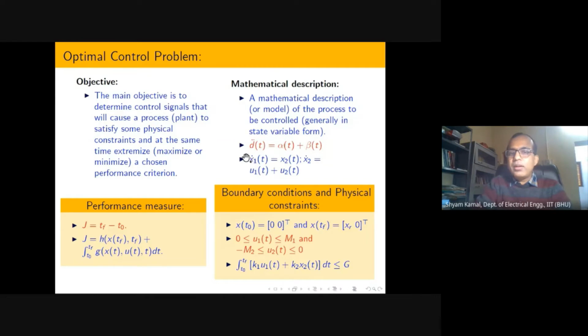In this problem, d double dot(t) equals alpha(t) plus beta(t). I take two state variables x1 and x2: x1 is d(t), and x2 is d dot(t). Then x1 dot(t) equals x2 and x2 dot(t) equals u1 plus u2, where u1 is alpha(t) and u2 is beta(t). Does anyone have confusion on this representation? Anyone?